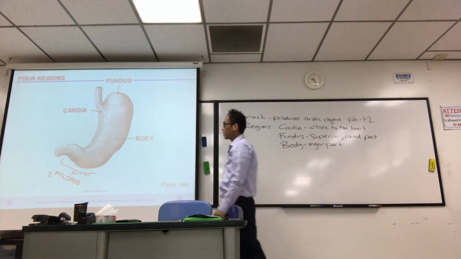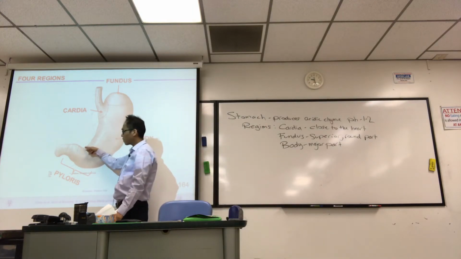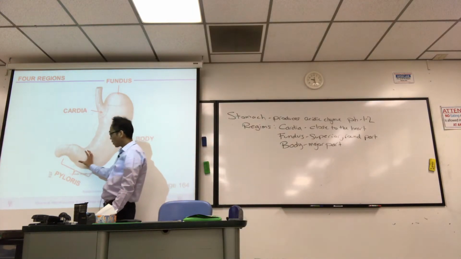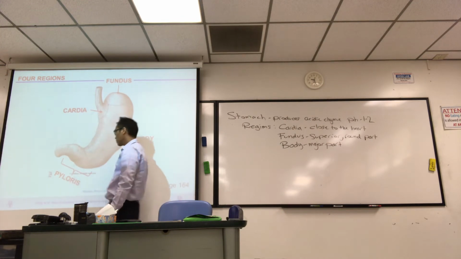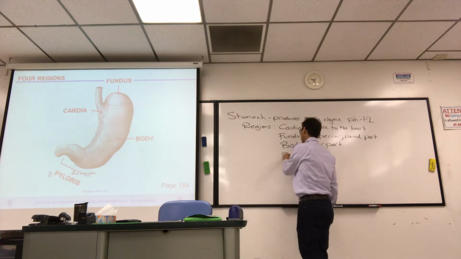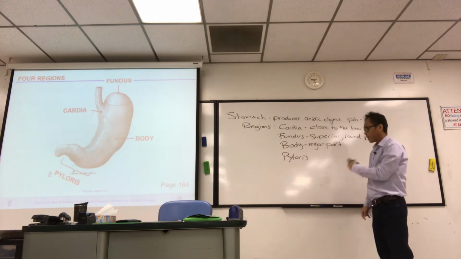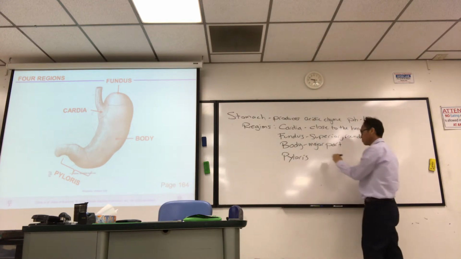And it's kind of like a funnel. It funnels down to this region here. There's a little angle right there. And this funnel part is called the pylorus. The word means gatekeeper.